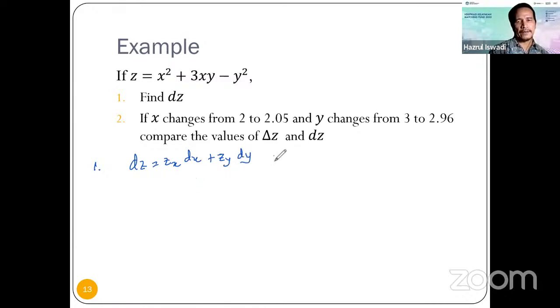We know the function of z, so zx will be 2x plus 3y, and zy is equal to 3x minus 2y.